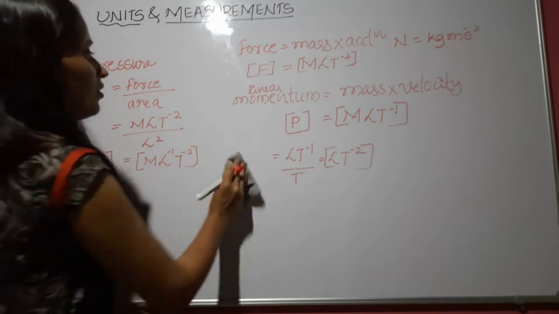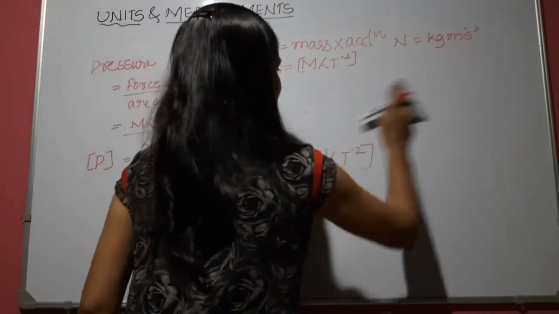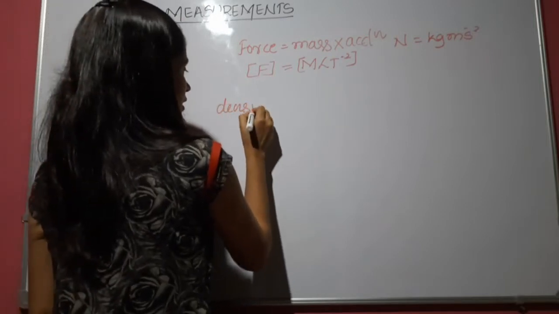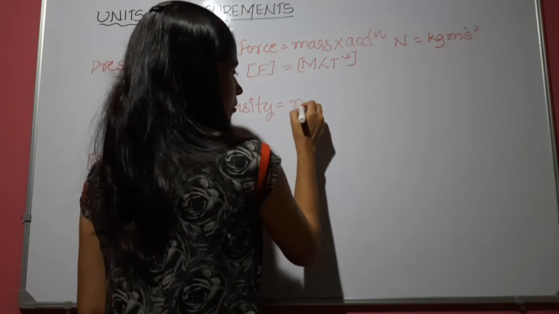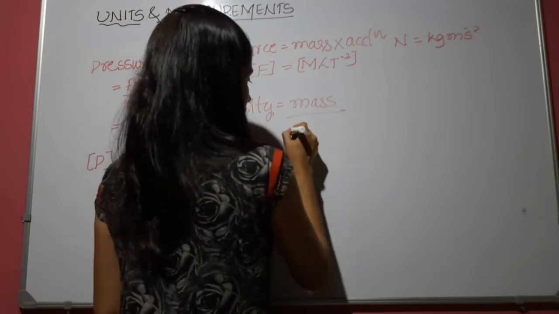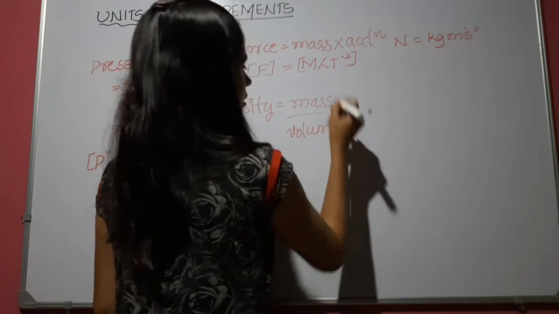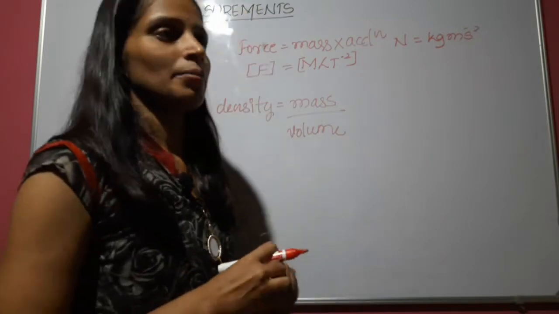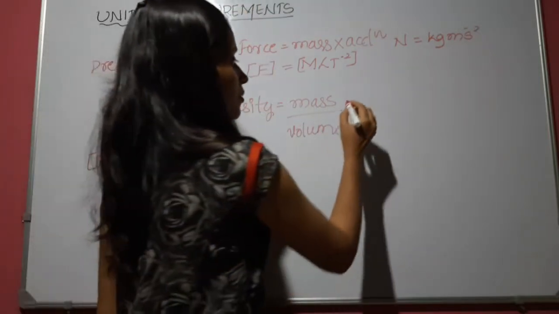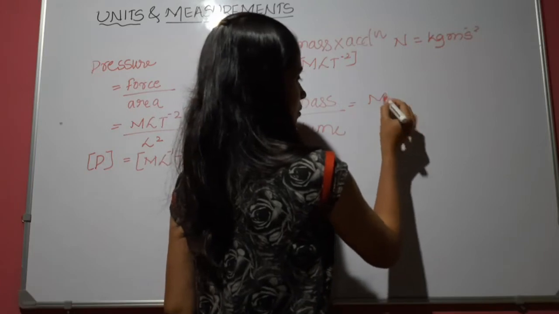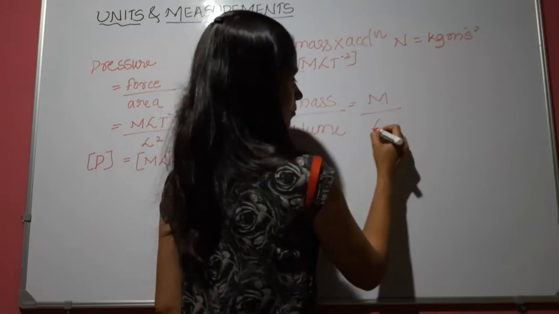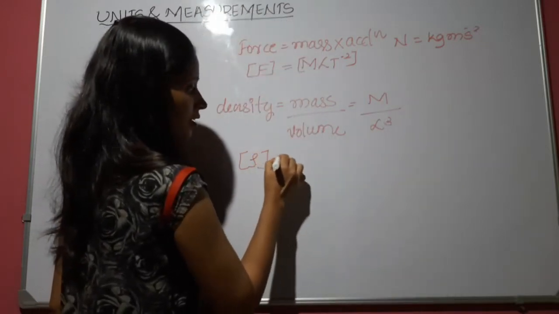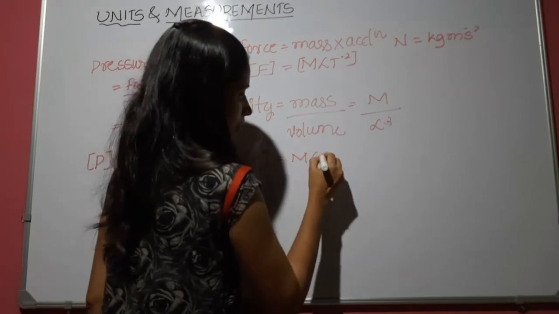Next, density. Density is mass by volume. These are formulas I think you have studied in intermediate. Mass has symbol M, volume is L cube. So the dimension of density rho is M L power minus 3.